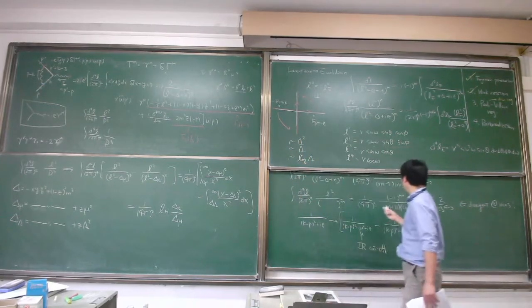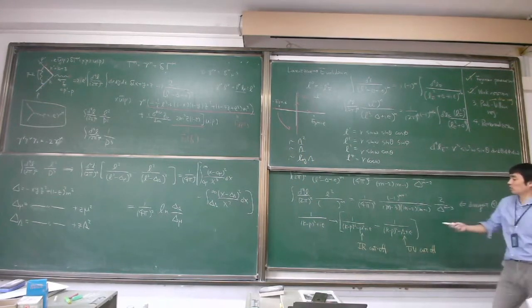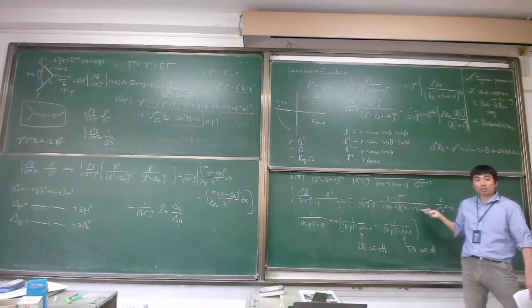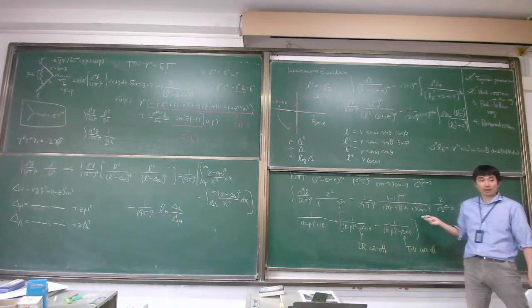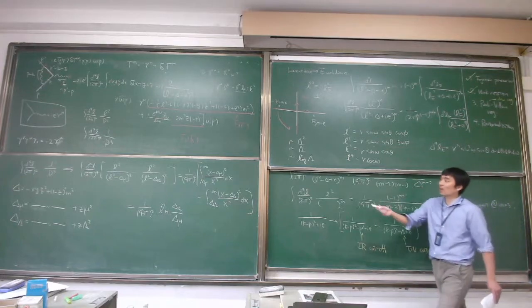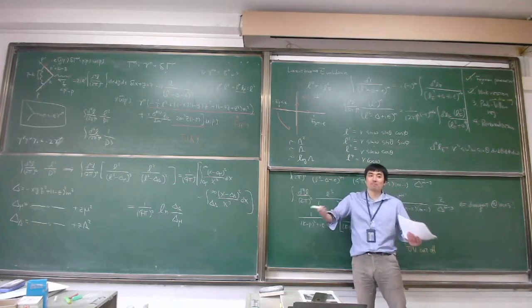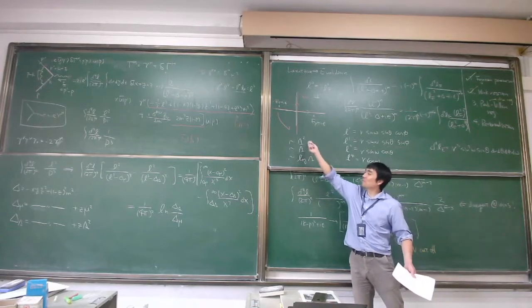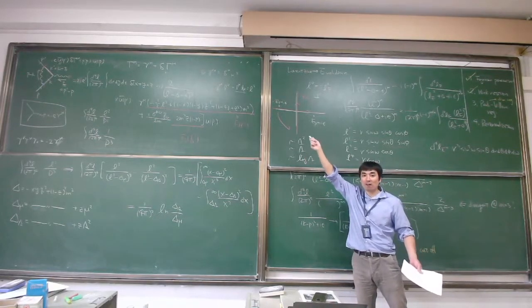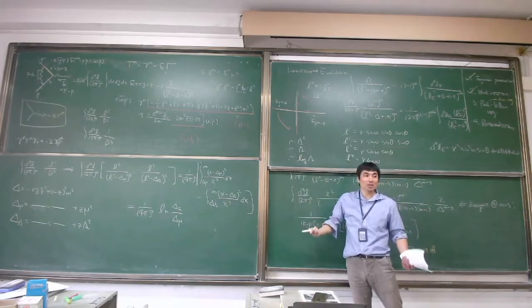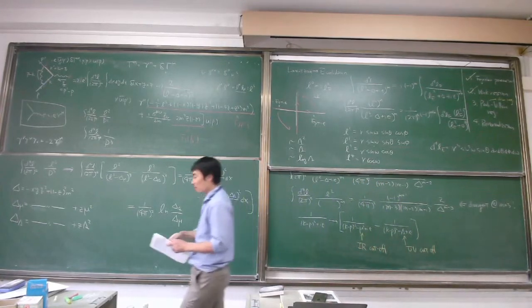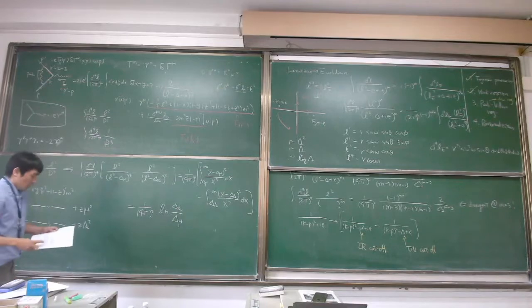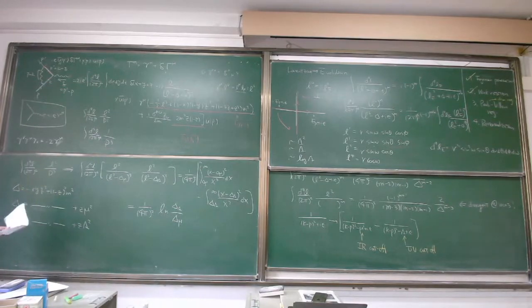If you go to the lower end, the divergence becomes much more severe. Log divergence is a kind of mild divergence, but if you go to power law, the divergence becomes much more severe. That's what it means.